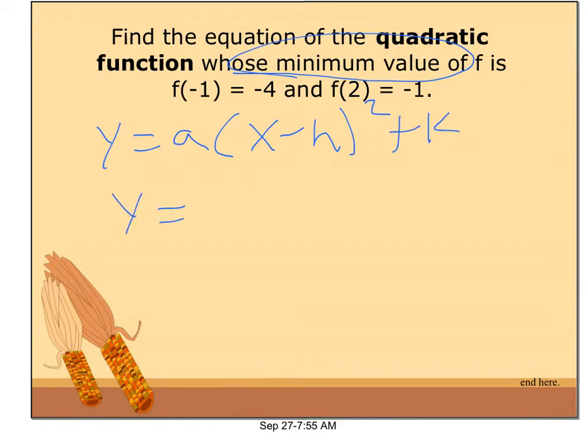What I'd have here is still an unknown quantity for a, but the vertex is negative 1, negative 4, which tells me this is a times x plus 1 squared minus 4. Okay, because again, h, k is the coordinates of the vertex, so I plugged in negative 1 for h, plugged in negative 4 for k.